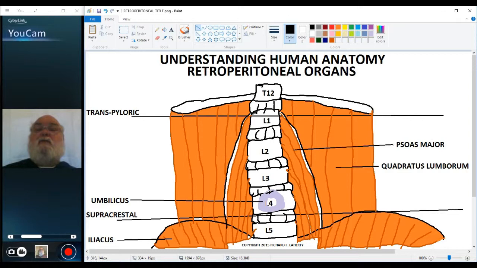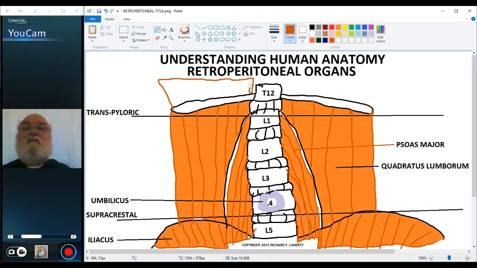Now, the last muscle I want to detail is the diaphragm. The diaphragm takes origin from the bottom, the inferior edge of the rib cage. So I'm going to show that here.